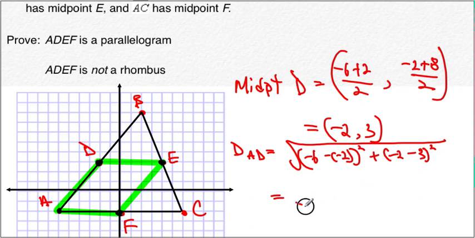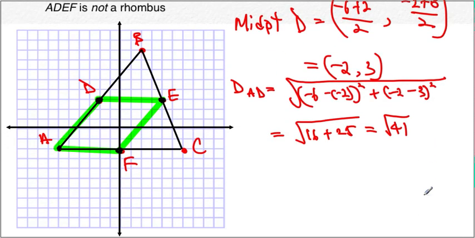So we end up getting the square root of 4 squared, which is 16, plus 25, so therefore the square root of 41. What is the distance of DE? In fact, since it's a horizontal line, we can actually count the boxes. 3, so we have 6.